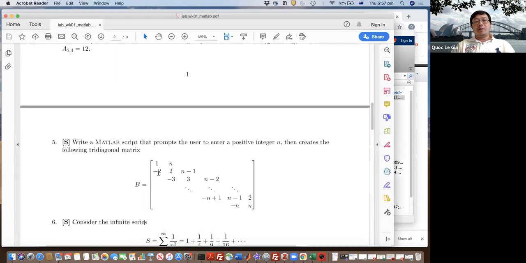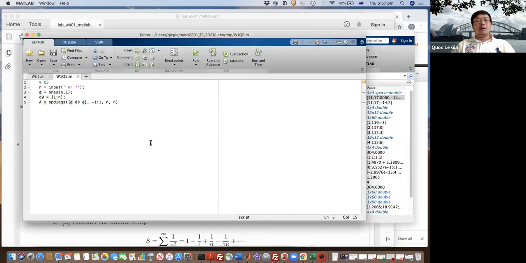The off diagonal is just -2, -3, up to -n. This one I call D-1: it starts at -2, decreases by 1, and stops at -n. So this one is my D-1.